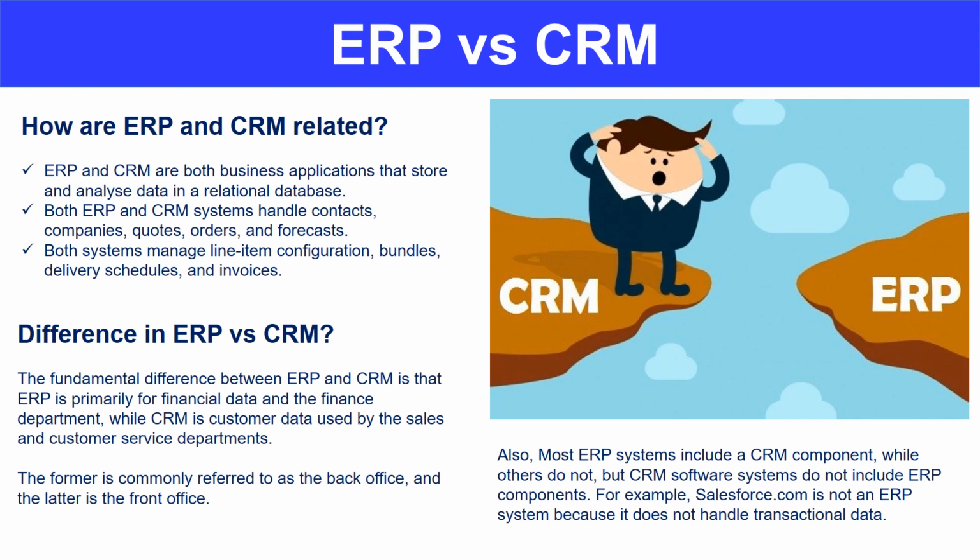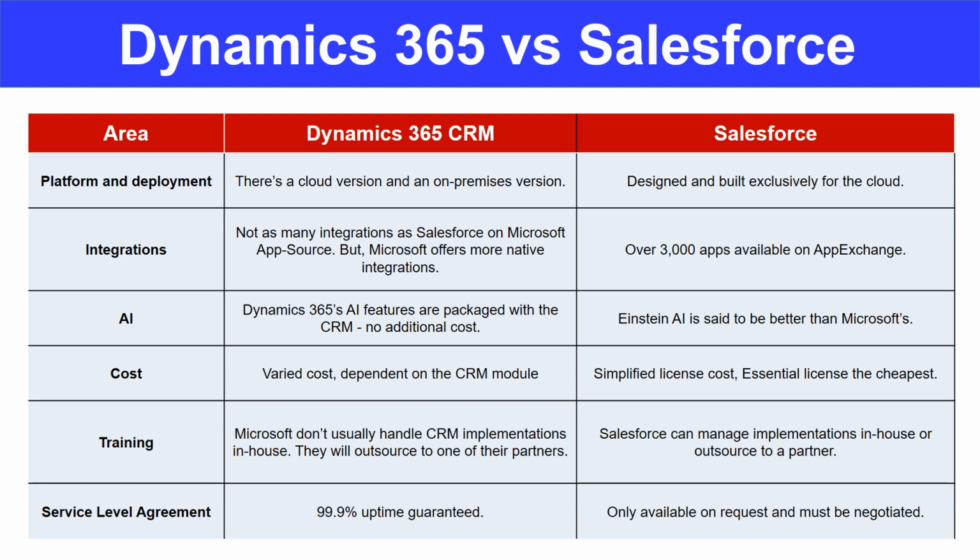For example, Salesforce.com is not an ERP system because it does not handle transactional data. However, these ERP systems might lack extra features such as call center support, community management, or social media management. The absence of these components will not be detrimental to the performance of the system, but it will decrease the overall user experience.